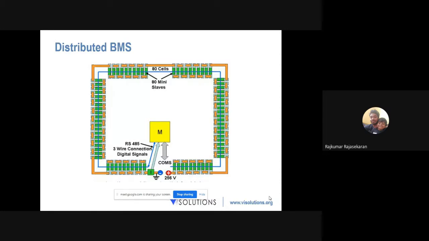This makes it look less susceptible to wire connections. But the problem here is it's going to be very costly, because for 80 cells, you'll have 80 individual microprocessors, one for each and every cell. It's going to be very, very, very costly.